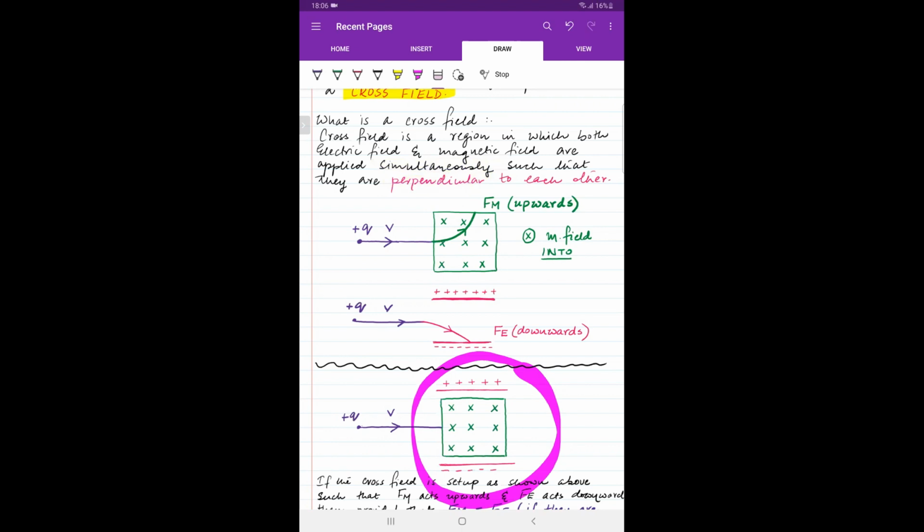ठीक है, अच्छा, मोइद ने लिखा है will the charge go undeflected.